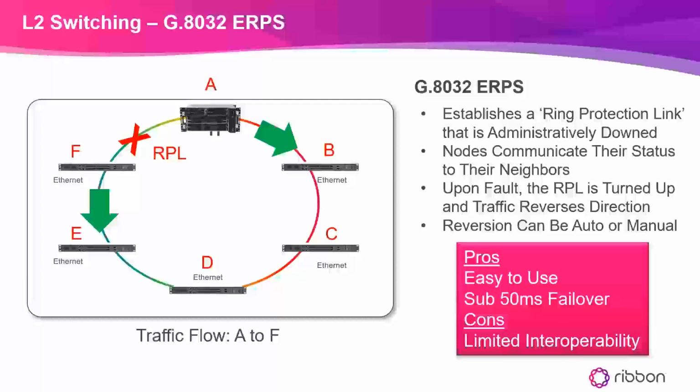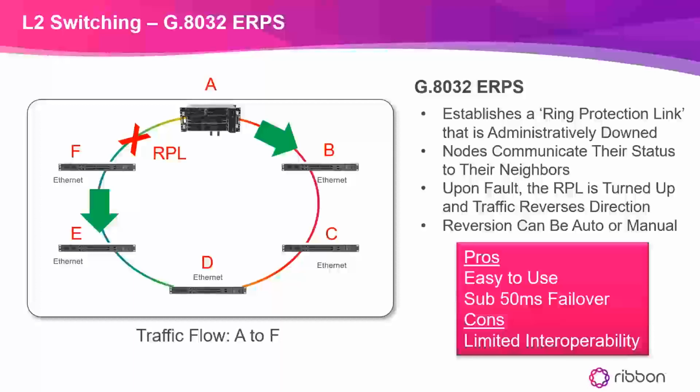So once all of that is established, then in the ring, the nodes will determine a ring protection link. In this case, I've designated it span AF. So between A and F, that span is actually up and good.